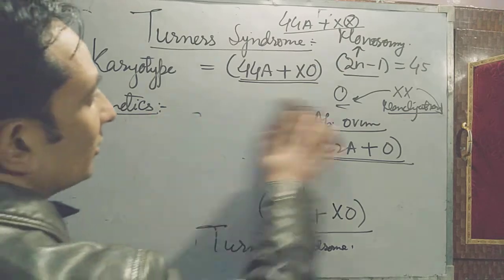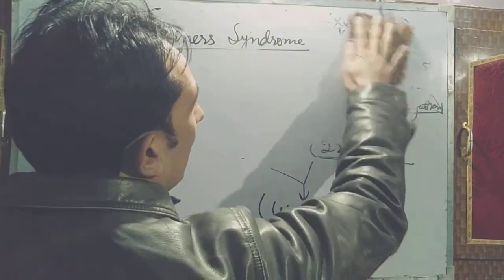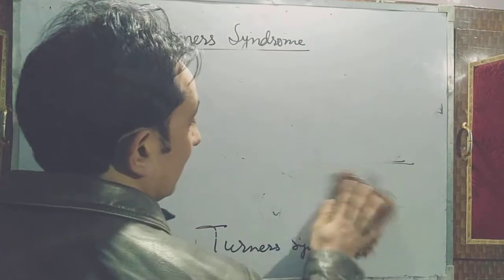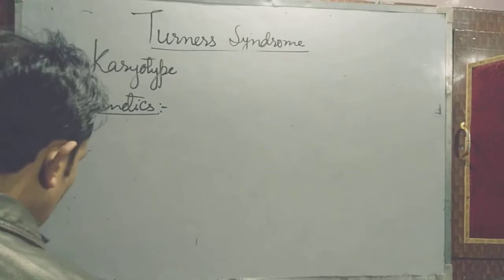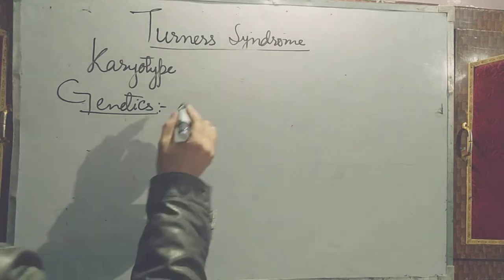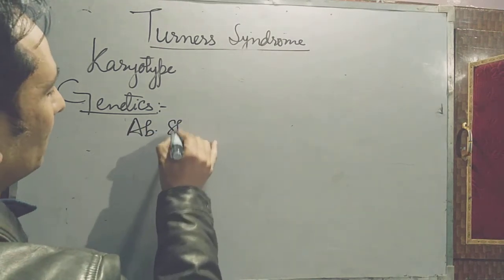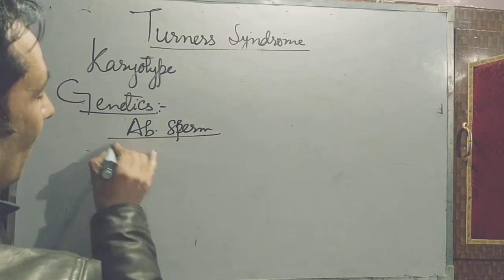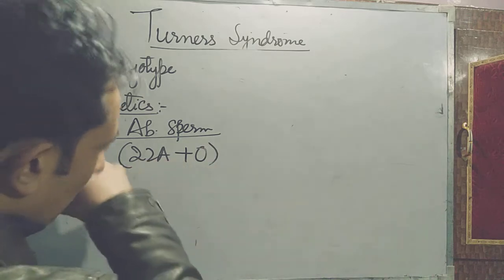Now let's move on towards the second case of how the Turner syndrome individual can be conceived. In the second case, we will deal with the abnormal sperm in which there are only 22 autosomes plus no X chromosome, that is 0.